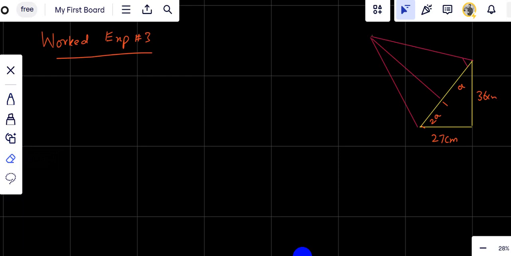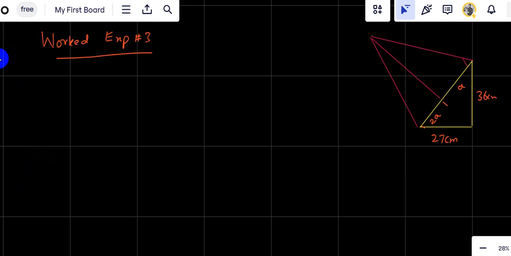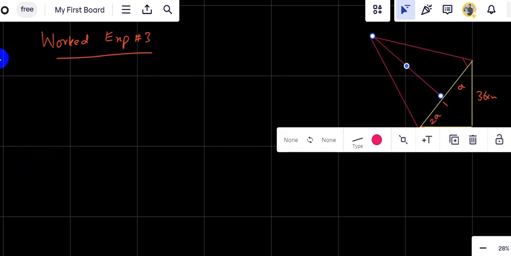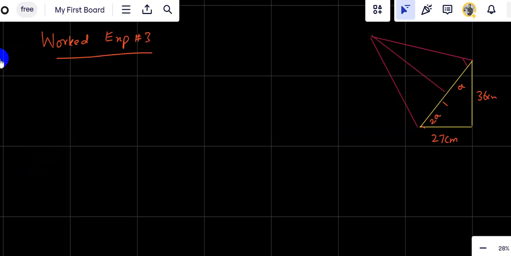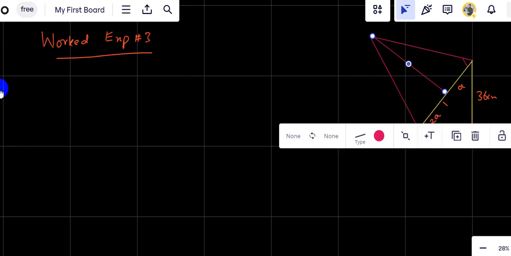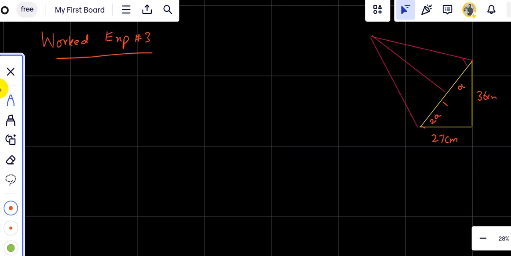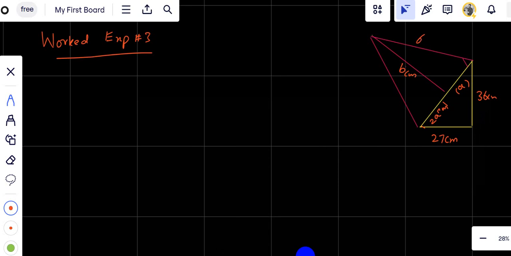Let me redraw this line, please. Okay. So this side is 2a centimeters, and this is only a. This side is b centimeters. So this is the total information related to this.